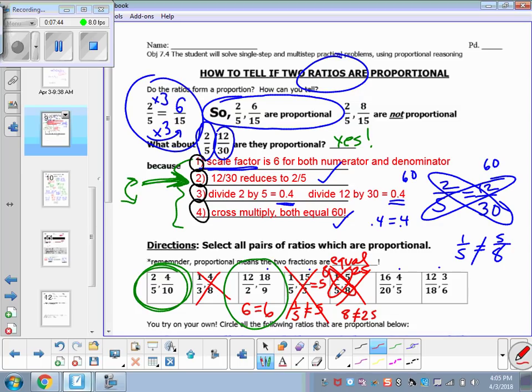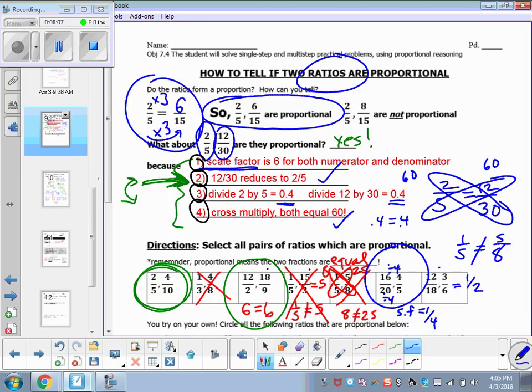Now for the next one, if we reduce, we could take 16 and divide it by 4. And 20 divided by 4, meaning the scale factor is 1/4. And yes, we would select that one. And last but not least, just ask yourself about 3/6. What do you know about 3/6? It's a half.